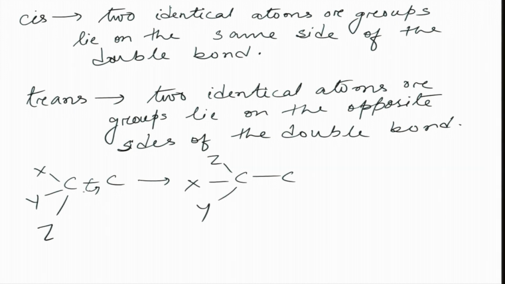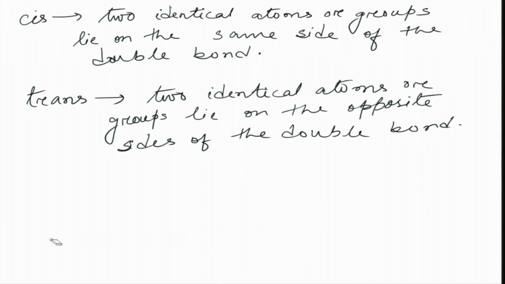But this is not possible in case of a double bond. We had seen Newman projections and different conformations in case of alkanes, because rotation was possible around the single bond, but for a double bond the rotation is restricted. So, we will not be able to see these types of conformations in case of alkenes.